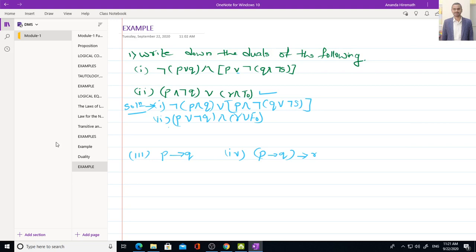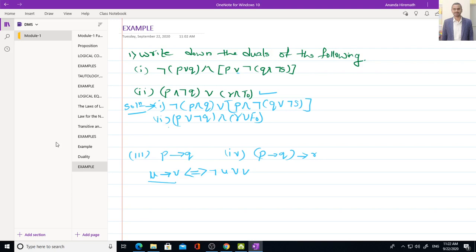Now here it is somewhat tricky, as we do not know how to replace this conditional connective. To solve the third example, you just remember that U conditional V is logically equivalent to not U or V. So whenever you have this conditional form and you want to find its dual, directly it is not possible.